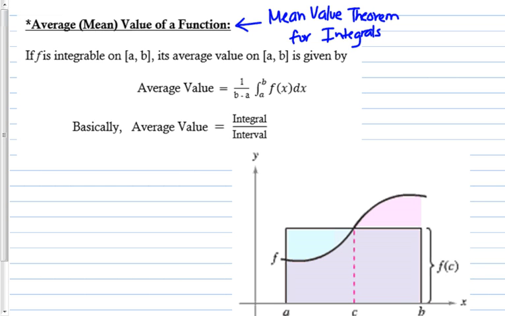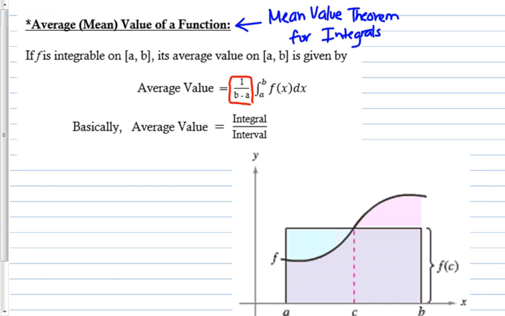Okay, so what this is saying is that the average value of a function can be found by integrating and then multiplying by 1 over b minus a. And 1 over b minus a is just the interval you're subtracting and then multiplying by the integral.